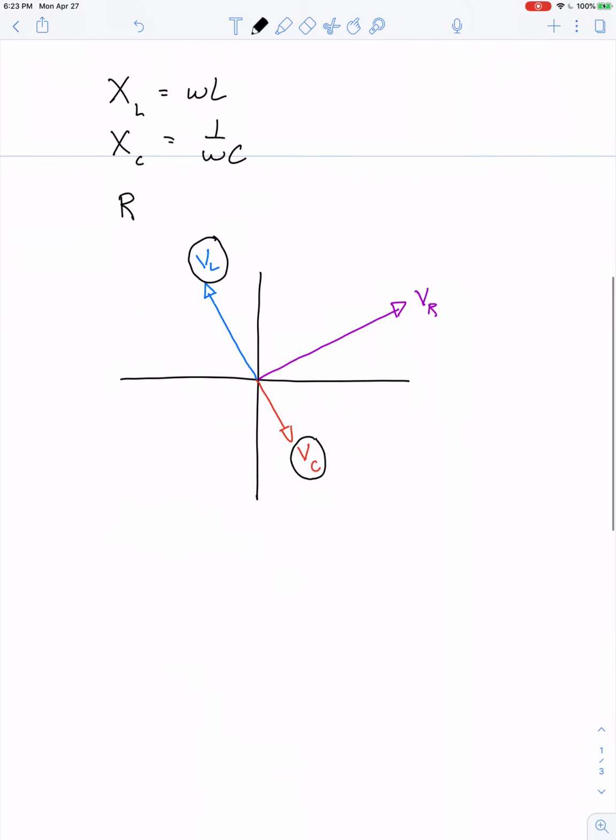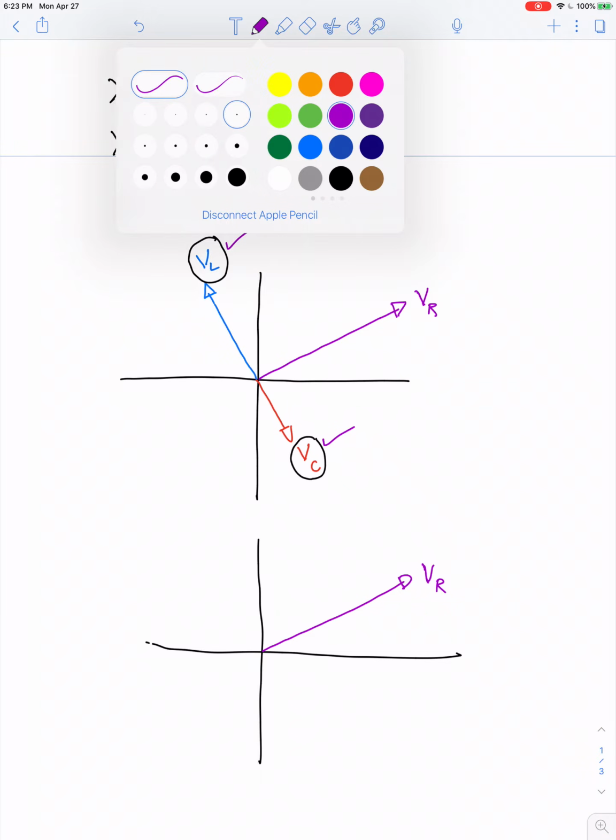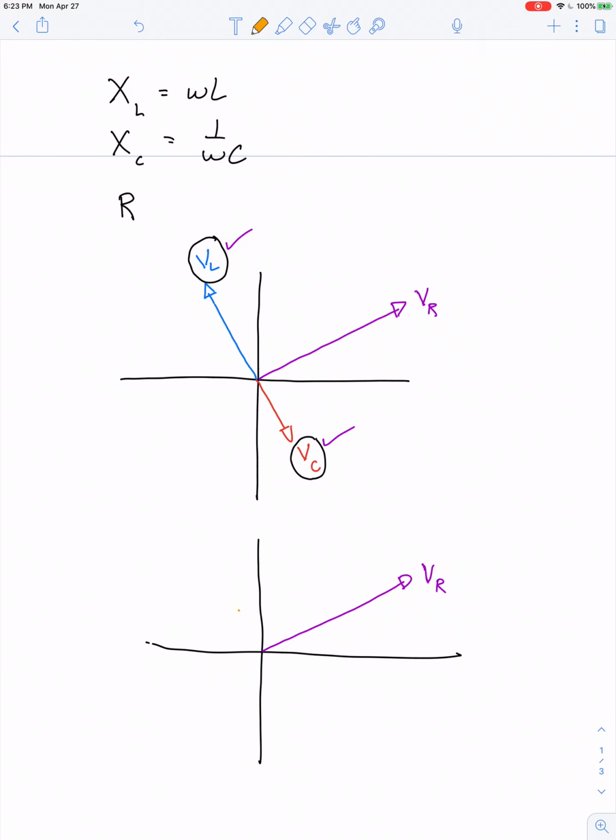So we can reduce this phasor diagram to look like this. Keep the voltage across the resistor unaffected, but we can replace the voltage across the inductor and the voltage across the capacitor with one single vector that represents the difference between the two. So there's VL minus VC.